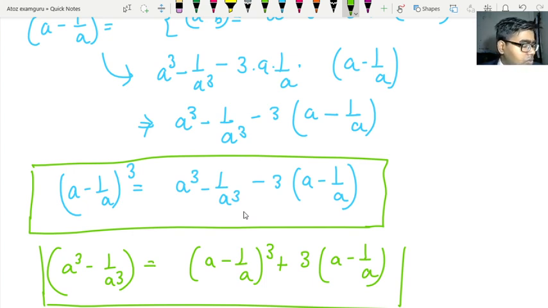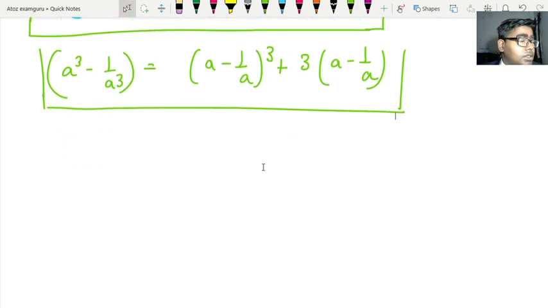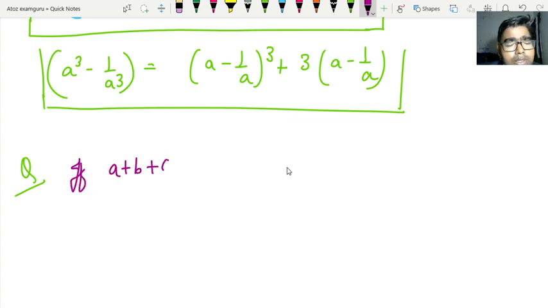And now try to solve some questions. So friends, let's take some question. The question is, if a plus b plus c equal to 0, right friends?